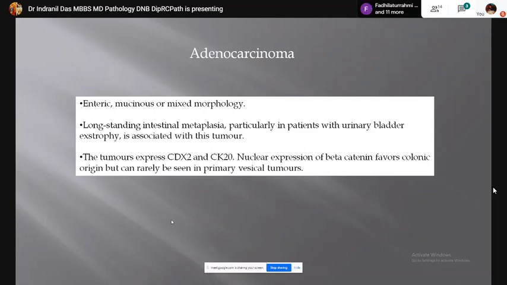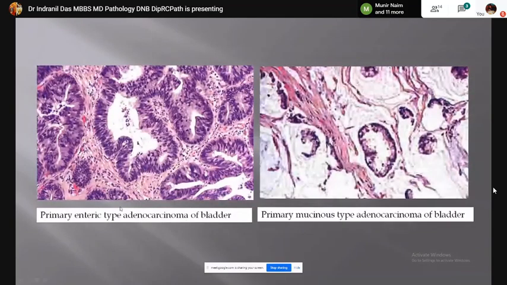That means in primary urinary bladder adenocarcinoma, the beta-catenin is negative. This is the primary enteric type adenocarcinoma of the urinary bladder, and this is the mucinous type adenocarcinoma. A large amount of extracellular mucin pool is present with the glandular fragment.